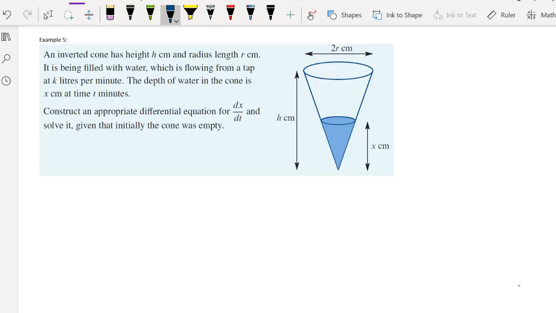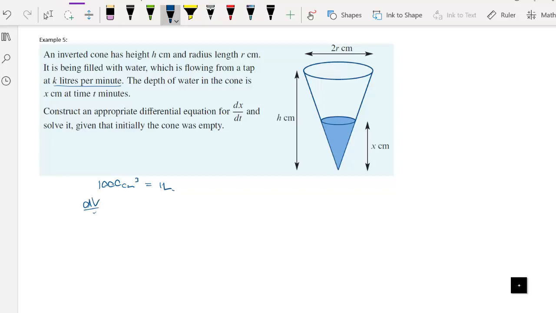Okay, so this is telling us that it's been filled with water which is flowing from a tap at k liters per minute. Now, because we're looking at centimeters, we know that 1,000 centimeters cubed is equal to 1 liter. So that's saying that we're filling at 1,000k cubic centimeters per minute.